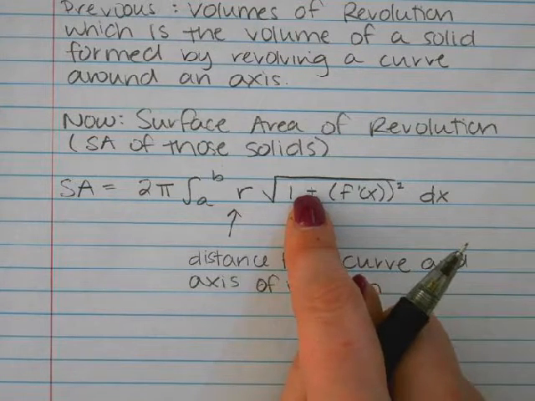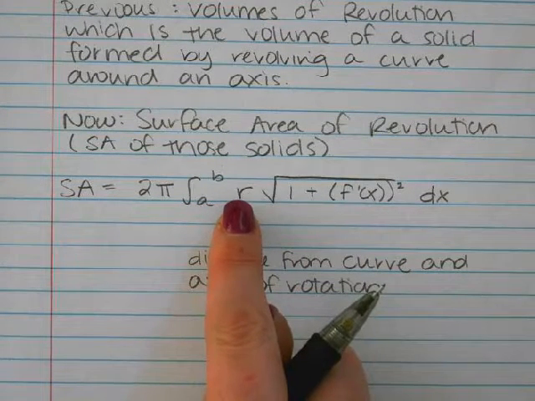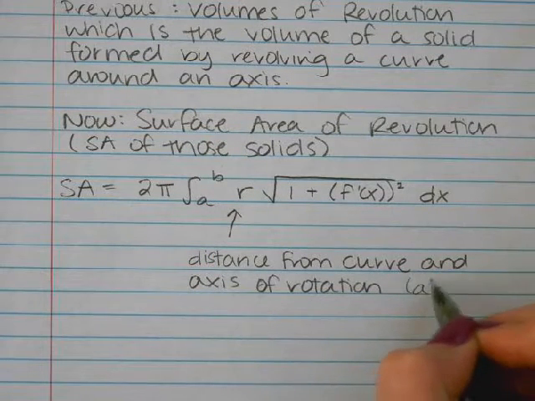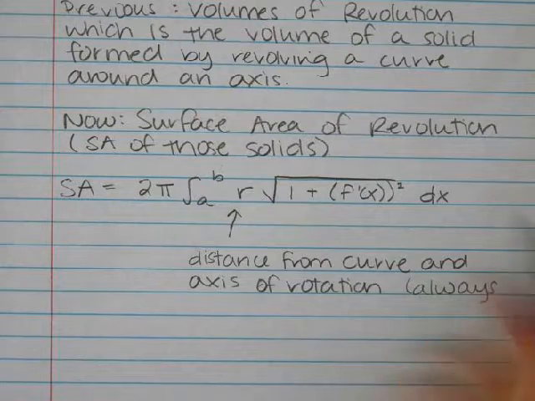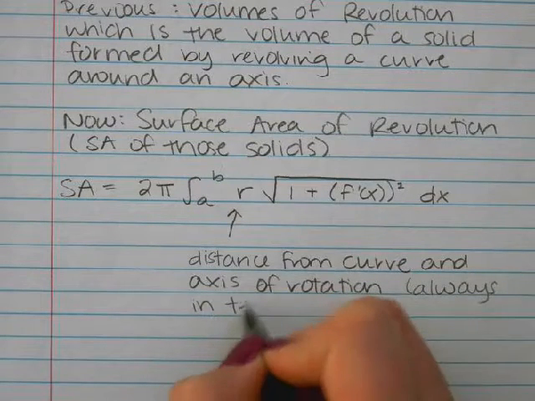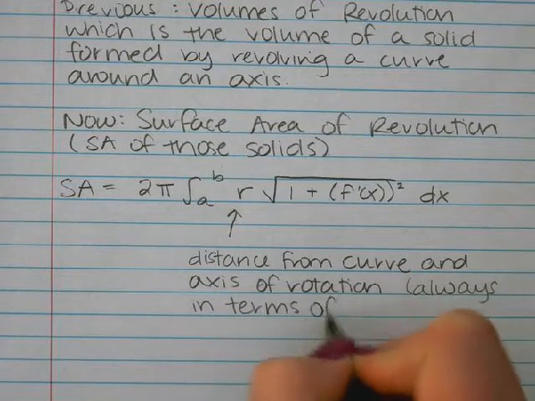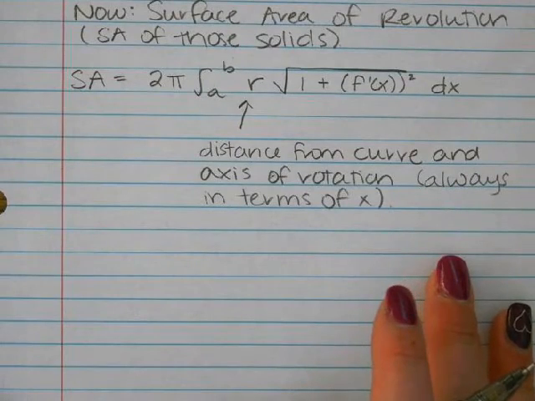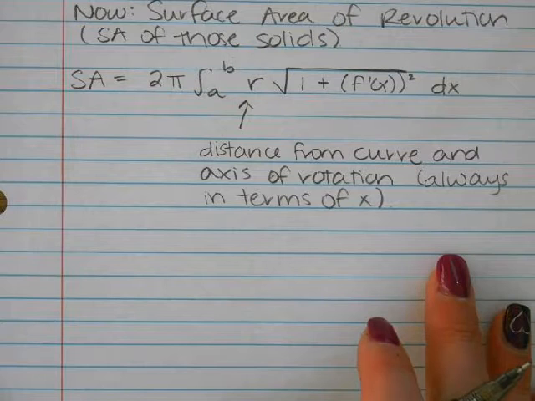Now for what we're doing today, this r value only works if you're in terms of x. So we're going to say always in terms of x. And that's important to remember because that's the part that will mess you up if you forget. So it's just always going to be in terms of x.